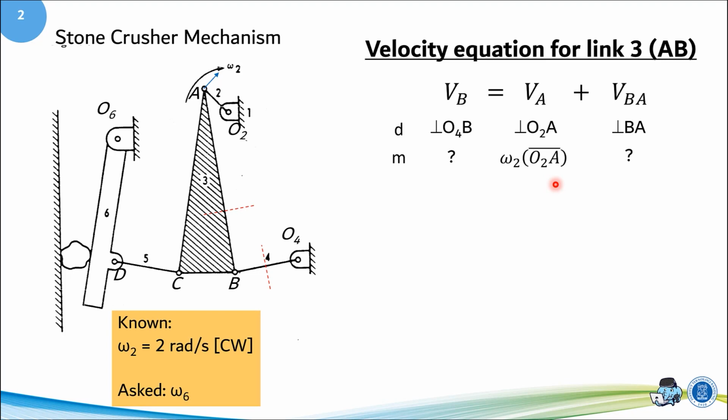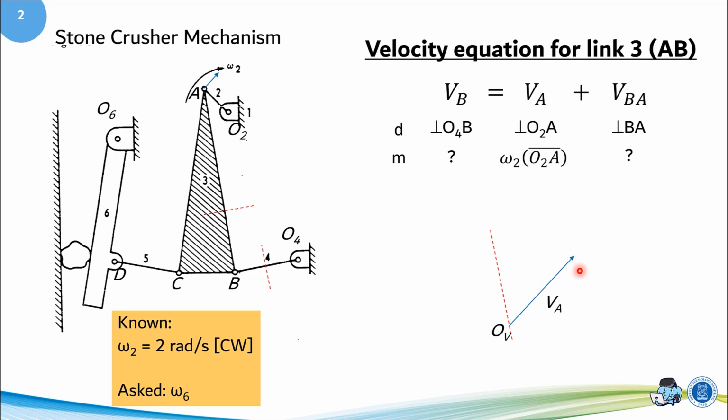To solve the problem, we can use the velocity polygon. In constructing the polygon, we start with the vector Va because we know the direction and the magnitude. So there's an OV, and then this vector is Va. This point should be the point A. And then we draw the direction of Vb through OV because Vb is the absolute velocity.